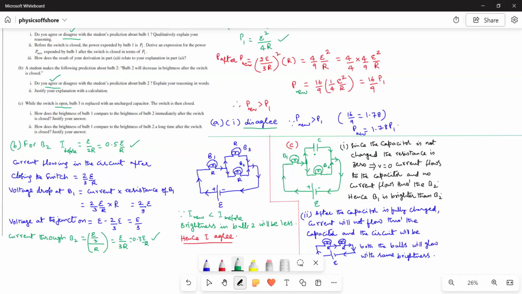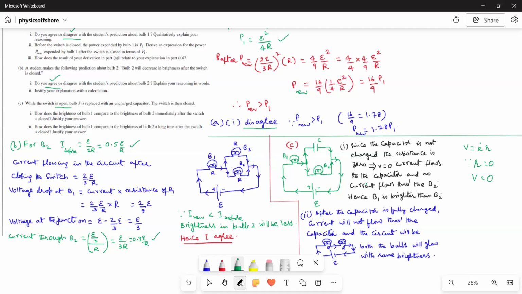Resistance is 0 means voltage is 0 because V is equal to IR. Since R is equal to 0, V is equal to 0. When the voltage is 0, what happens here? The bulb has resistance, so the current will not flow to the second bulb. It flows through the capacitor.